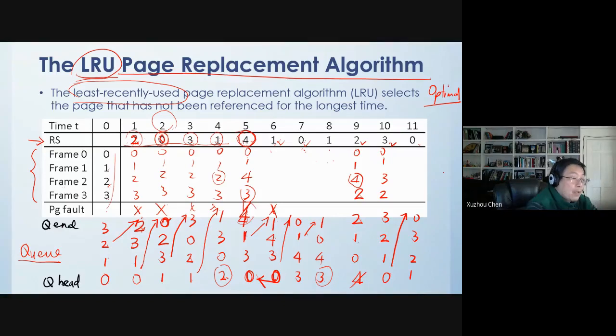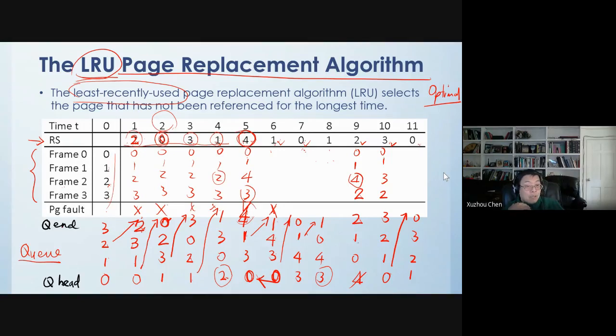Okay. So basically, every time a page is referenced, you check whether the page is in the frame, in the physical memory. If it's in the physical memory, no page fault. However, because that page is referenced, you're going to put the page at the tail of the queue, and push the other pages forward.